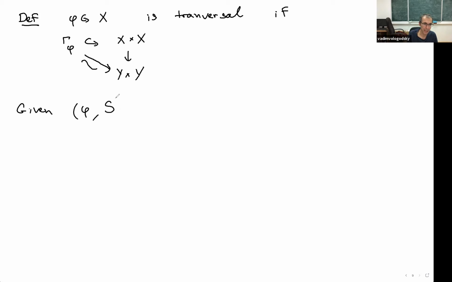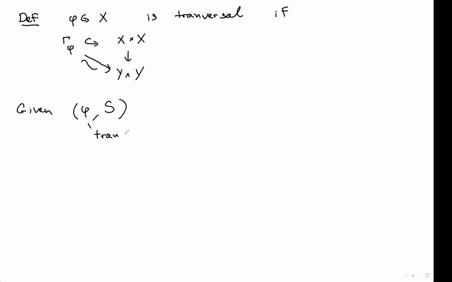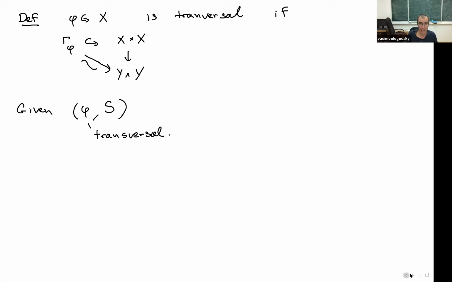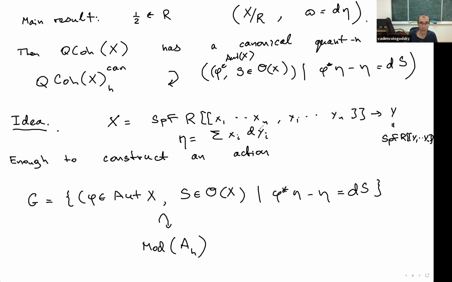Excuse me, is it now about power series in n variables? Yes. Not any affine, right? X is just the formal disk as well.